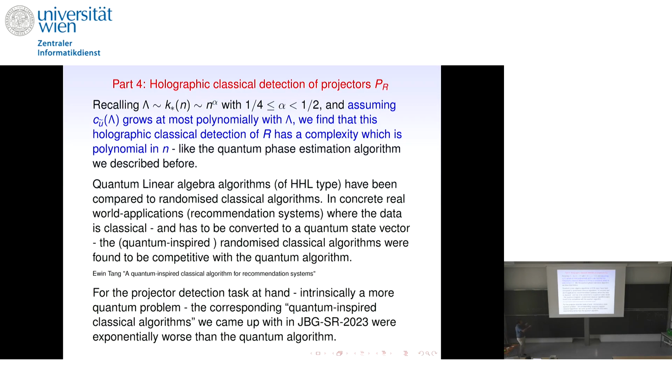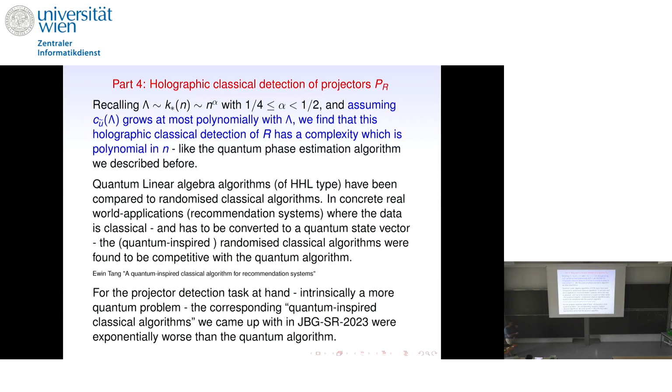So we also did an algorithm of this kind for our projector detection problem. And we found that that algorithm was a lot worse than the QPE, quantum phase estimation. I don't claim that we did the best possible version of this, but we have something to start discussing.